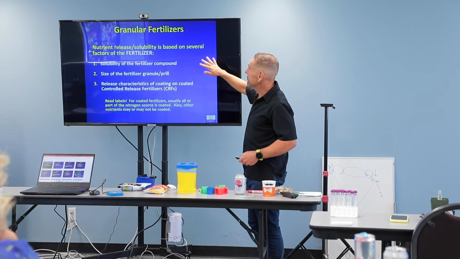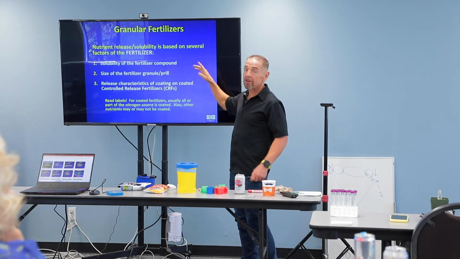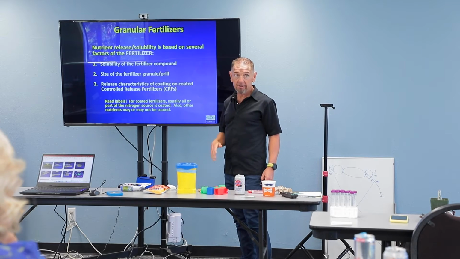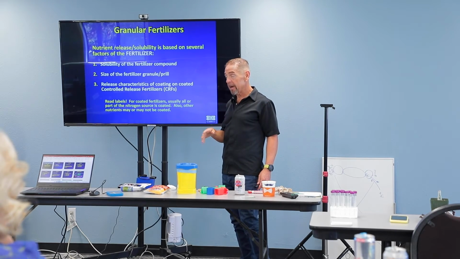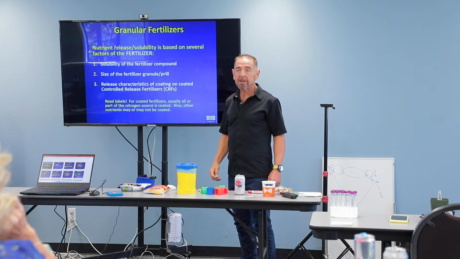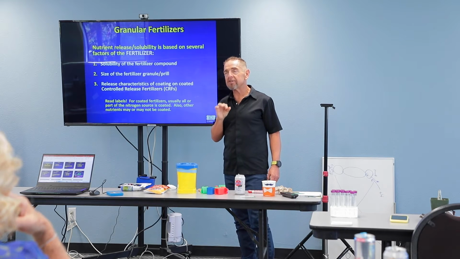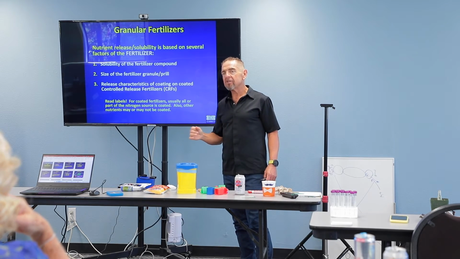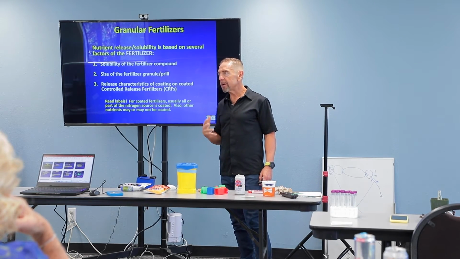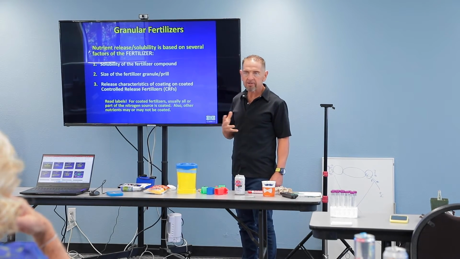The nutrient release of granular fertilizers is based on several things. One is the solubility of the fertilizer compound. I talked earlier about that with the iron. Another is the size of the granule. When I worked for one company, they figured out what size dolomite to use so that they had that release of calcium, magnesium and pH during a whole year cycle.